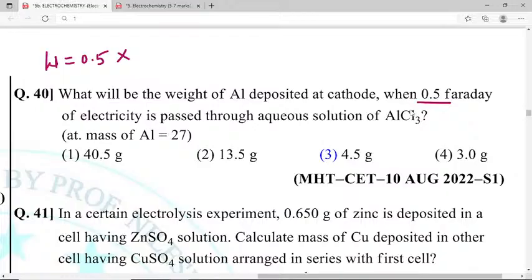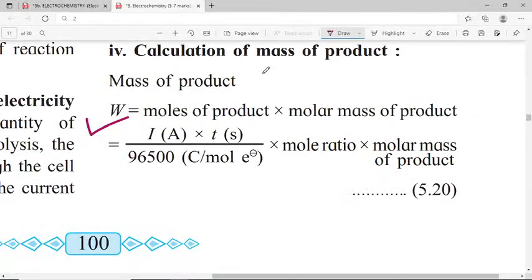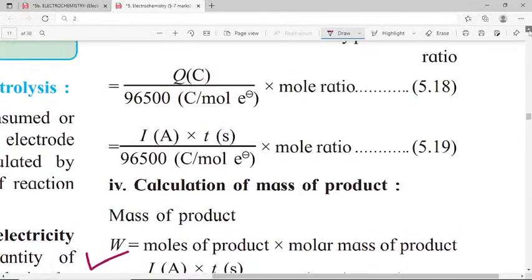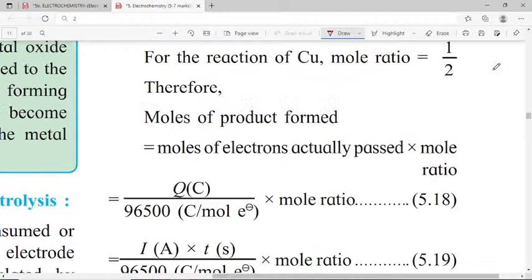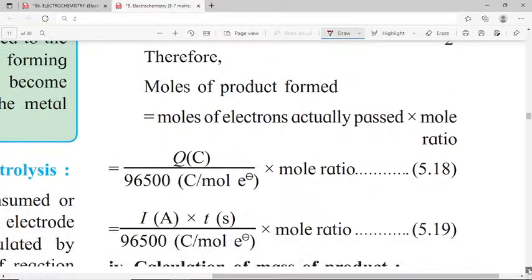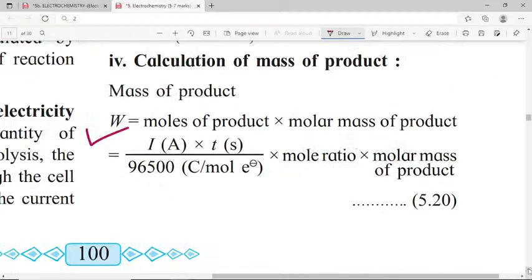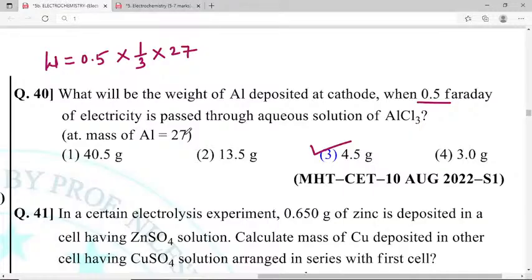What is the mole ratio? 1/3, and multiplied by the molar mass 27. So we'll get the answer 4.5. I am using this formula. Mole ratio, moles of product formed. This is actually called the formula.